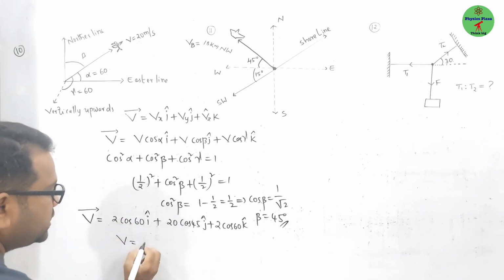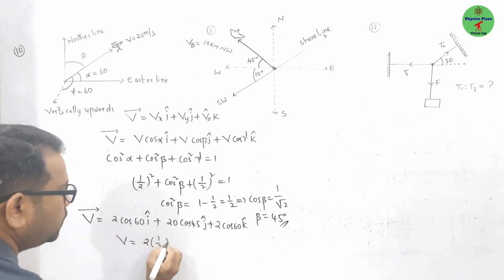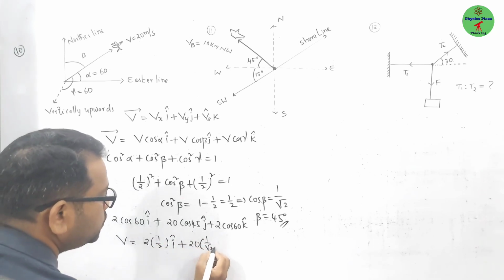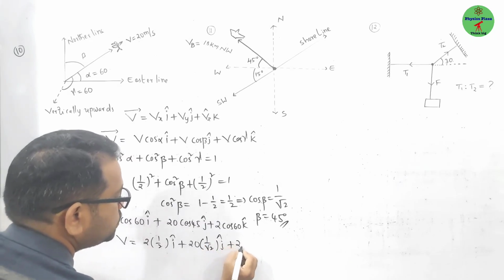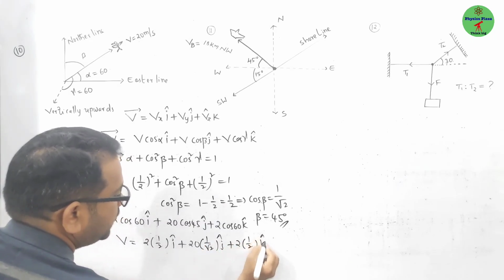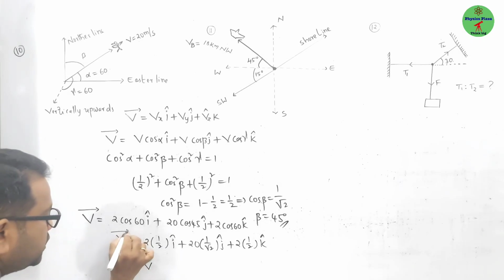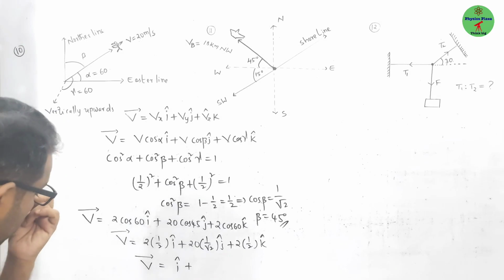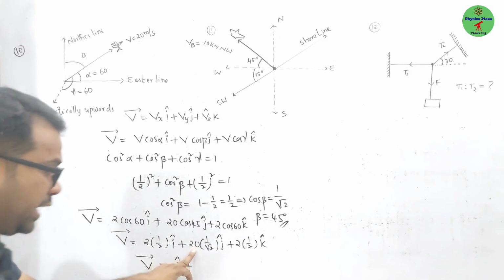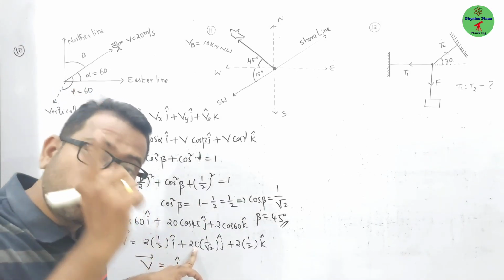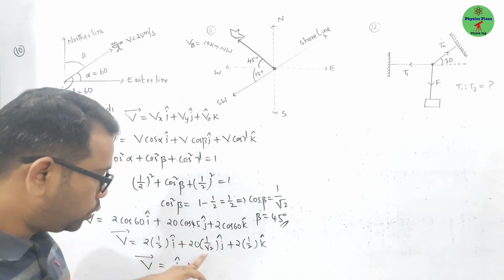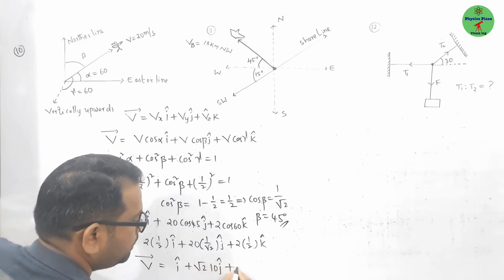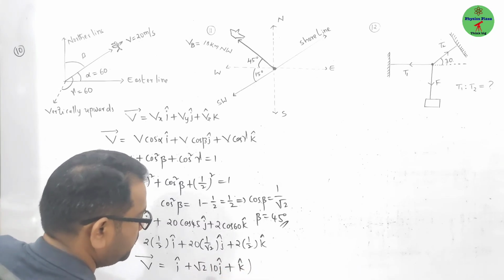So let us write 1 by 2 i cap plus 20 into 1 by root 2 j cap plus 20 into 1 by 2 k cap. You can simplify more. So this is 10 i cap plus, children, 20 can be written as 2 into 10. Again the 2 can be written as root 2 into root 2, so root 2 will get cancelled. Here it is root 2 into 10 j cap plus k cap, meter per second.